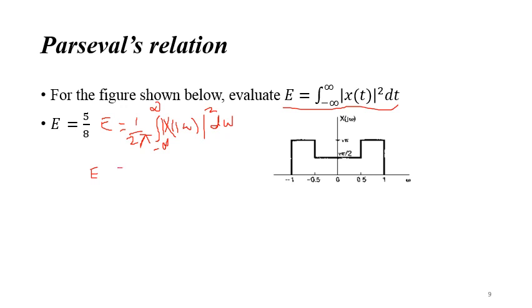Now 1 over 2 pi is the scaling factor, so let's take it out. If we look at the signal, it is piecewise.